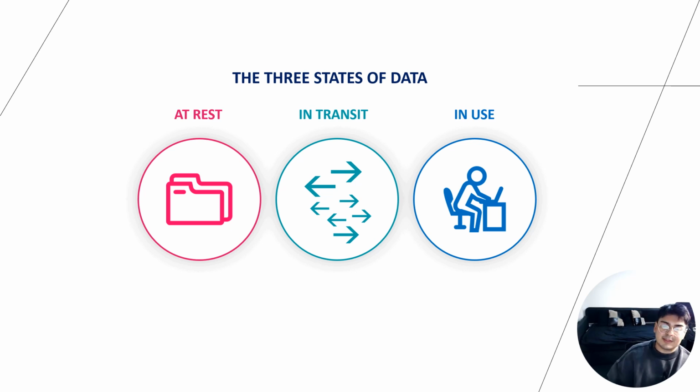And in use is basically when a document or data is being actively used or edited, and at this point it's not encrypted, so we have to protect our data by updating our phones or applications or anything like that, keeping them up to date to protect them from cyber attacks.